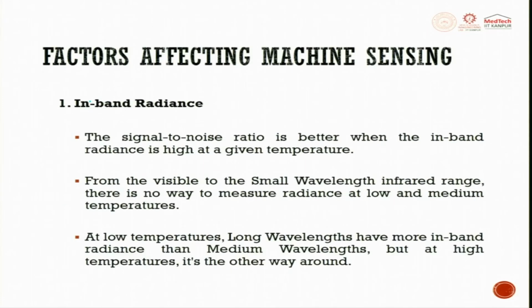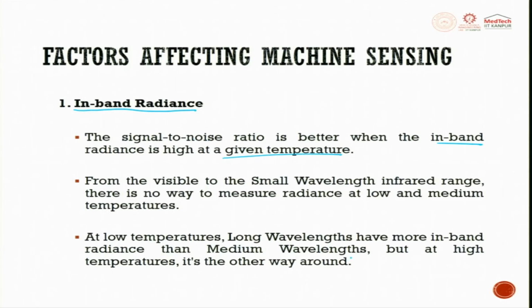Another factor affecting machine sensing is in-band radiance. The signal to noise ratio is better when the in-band radiance is high at any given temperature. The signal to noise ratio means the signal is higher as compared to the noise.